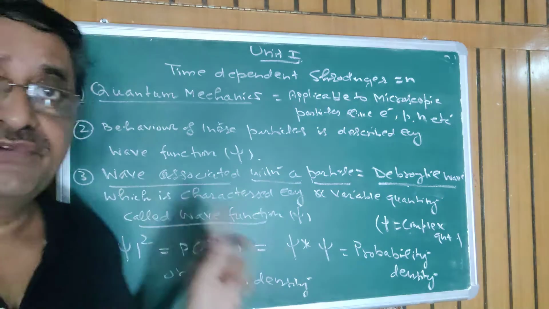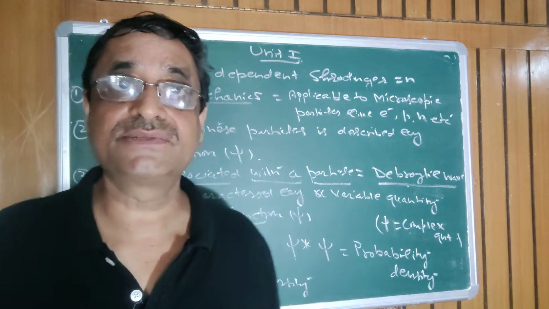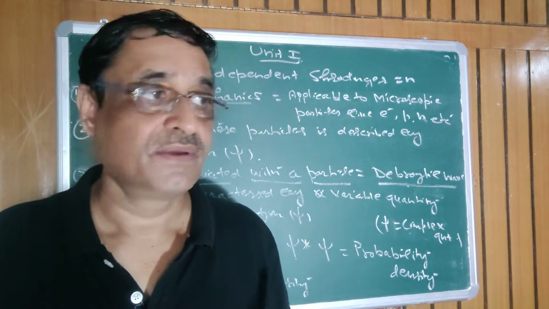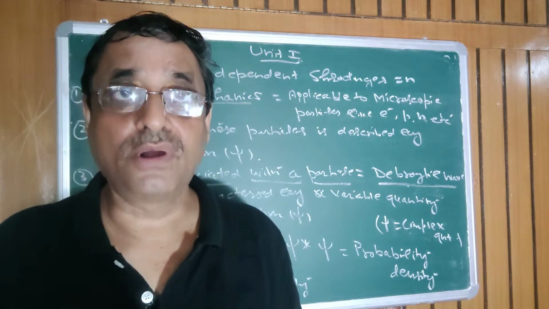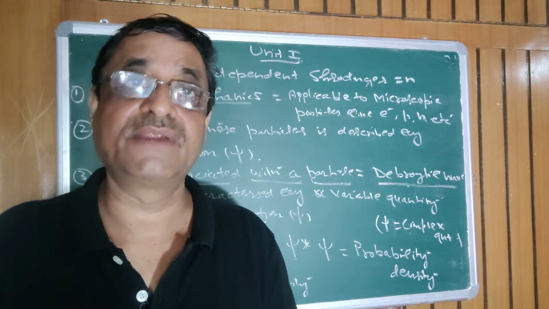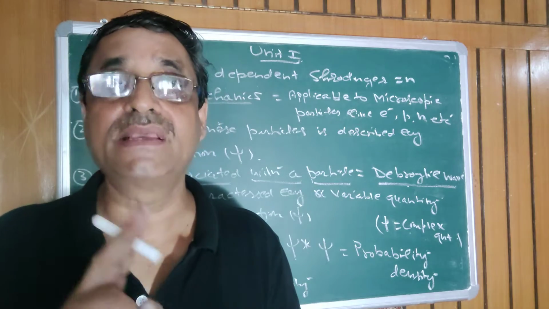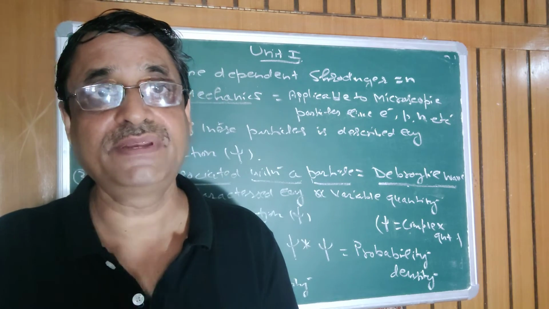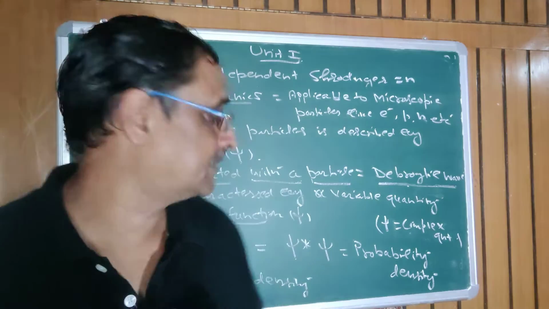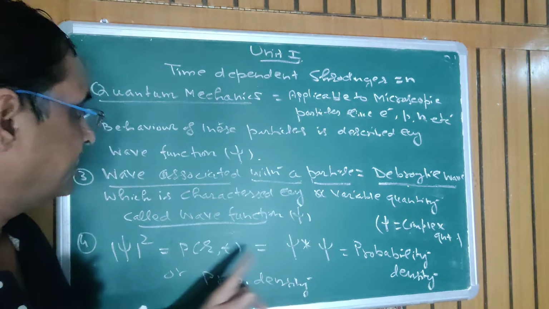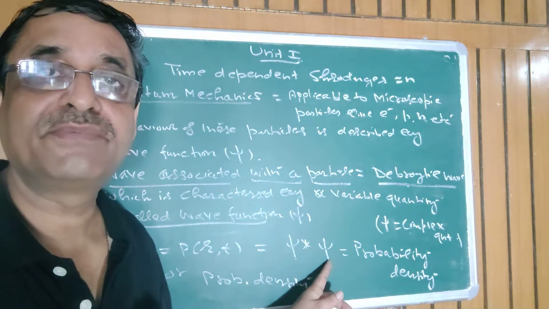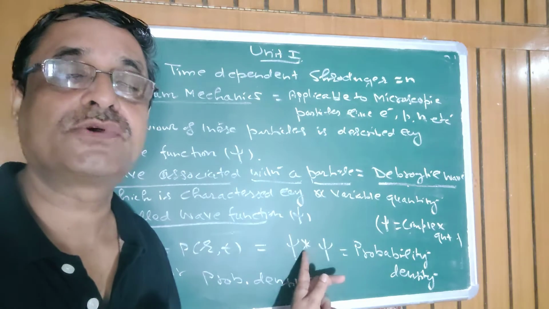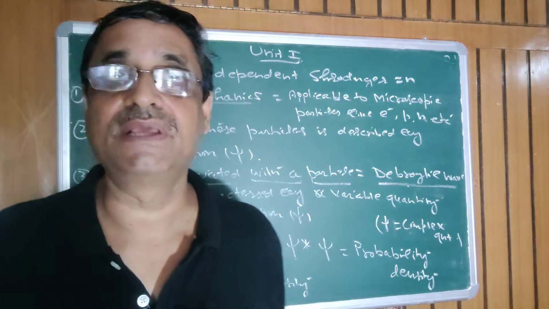And you see, wave function psi as such does not have any physical significance, whereas psi mod square has a physical significance. And what is psi mod square? You see, psi is a complex quantity. So if we take the complex conjugate of it, that is psi star. So if I say psi star psi, if we multiply psi with its complex conjugate, then you see it becomes a real quantity.